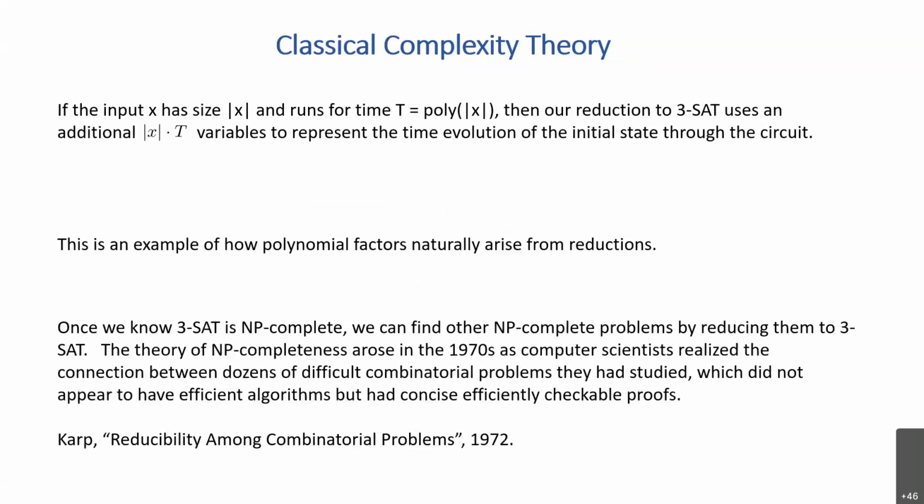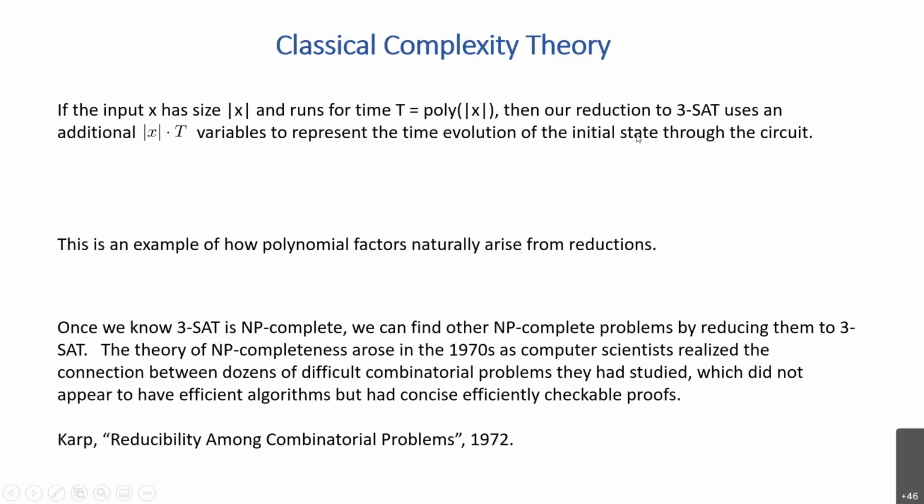And this is also a good example of why we define the class P in terms of polynomials, where we just ask there to be some fixed degree, but we don't specify it, right? So if you think about it, the input had size X, and then it runs for some amount of time that scales polynomially in the input.